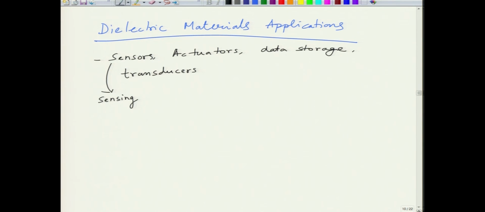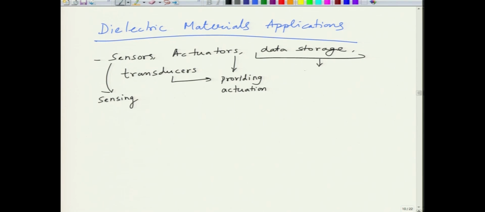So, it could be sensing gases, it could be sensing displacements, this could be sensing stress. So, sensing any kind of stimuli. Actuator means providing actuation. So, actuators and transducers are the devices which are based on utilizing the mechanical movement in these materials.